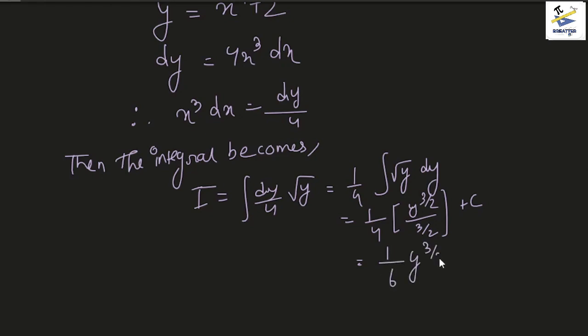So the answer is 1 by 6 y to the power 3 by 2 plus c, and if you substitute y back, where y was x to the power 4 plus 2, it's 1 by 6 into x to the power 4 plus 2 whole to the power 3 by 2 plus c, which is the answer for our integral.